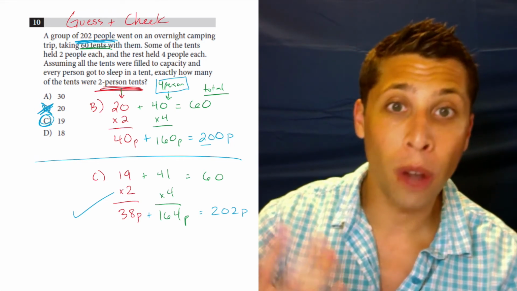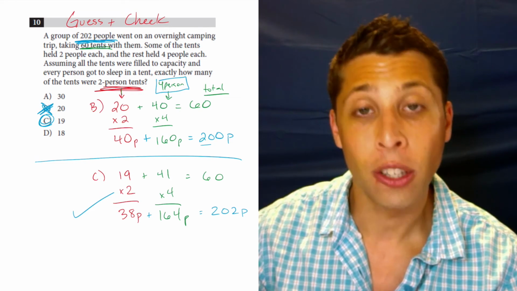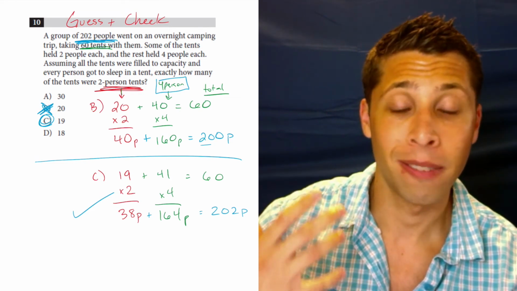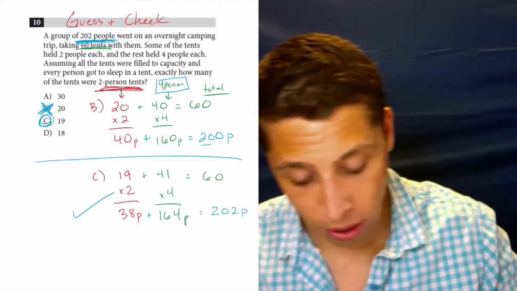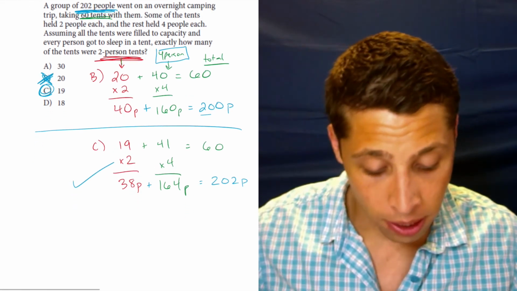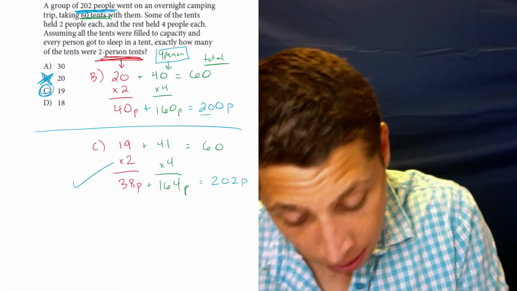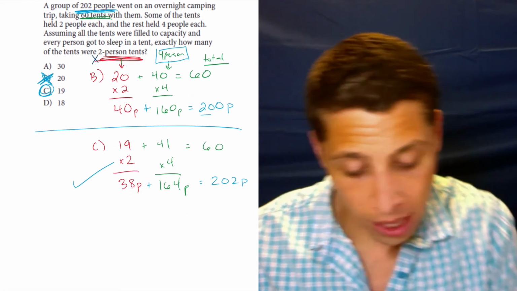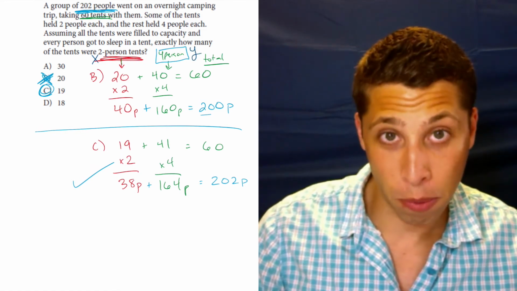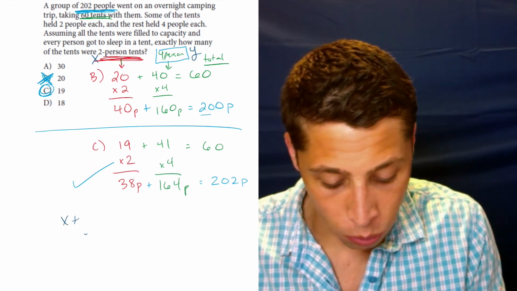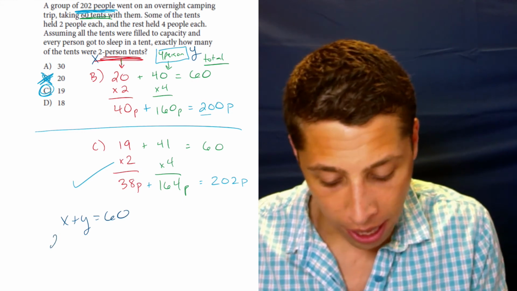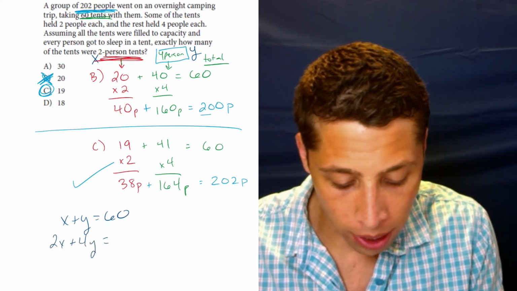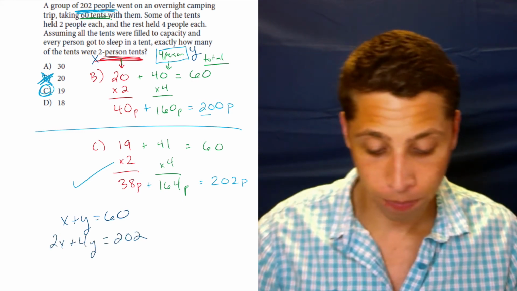If you don't know how to do the equations, you're going to need an extra way of solving this question. In case you're curious, the equations would be, if x was the number of 2-person tenths and y was the number of 4-person tenths, it would be x plus y equals 60, and 2x plus 4y is equal to 202.